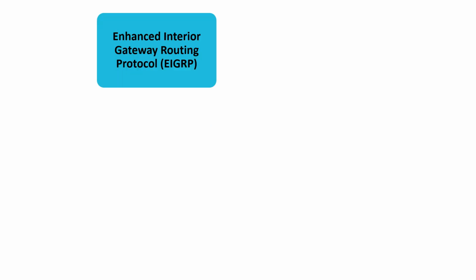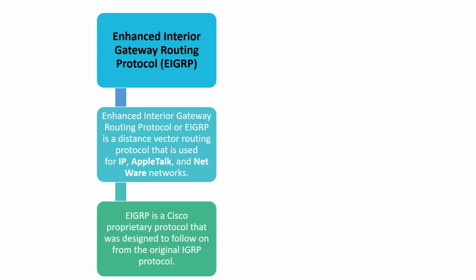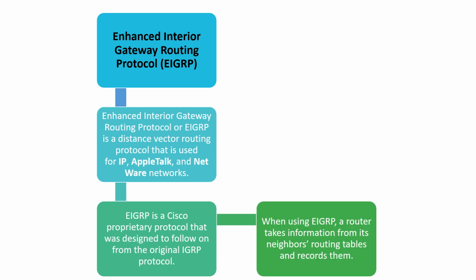Next, we can see the enhanced interior gateway routing protocol, that is EIGRP, and this is the distance vector routing protocol that is used for IP, AppleTalk and networks. And this is a Cisco proprietary protocol that was designed to follow on the original interior gateway routing protocol.